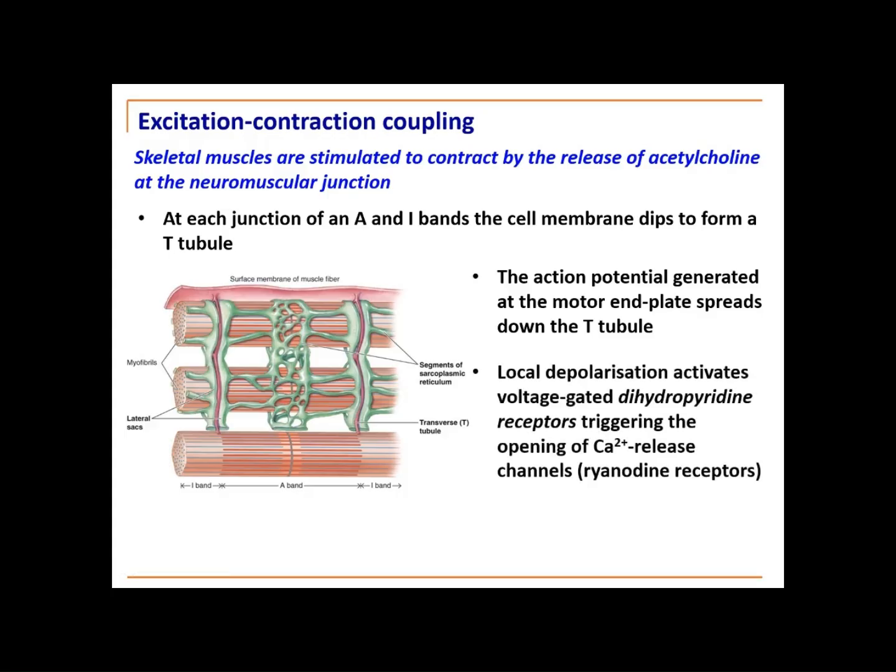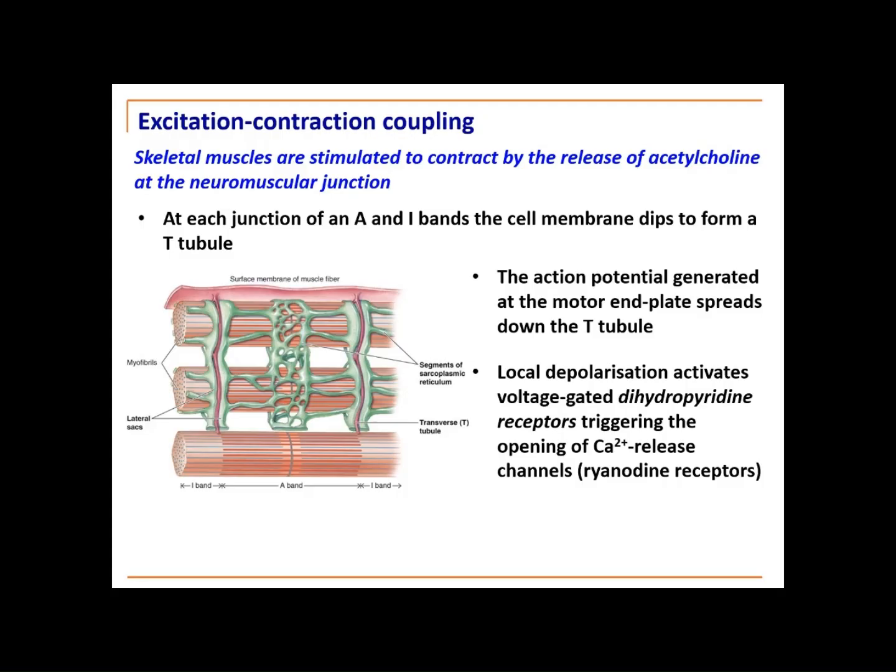You then get local depolarization, and this local depolarization activates voltage-gated dihydropyridine receptors. These receptors trigger the opening of calcium release channels, which are also known as ryanodine receptors. These ryanodine receptors are basically calcium channels.